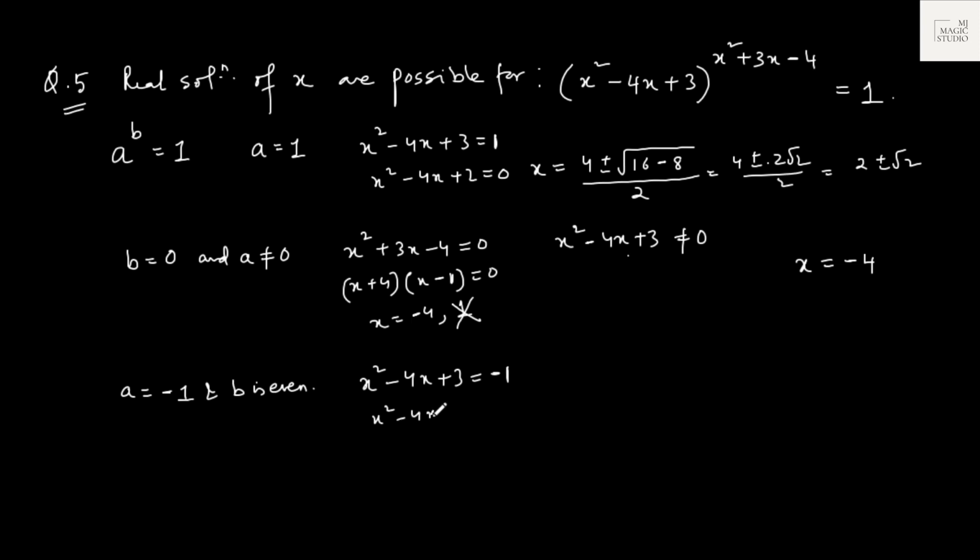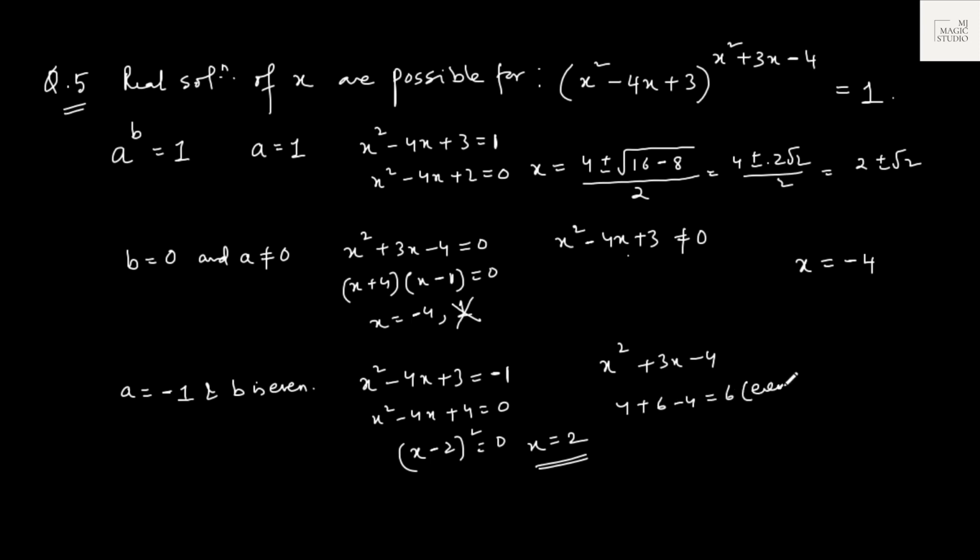So x square minus 4x plus 4 is equal to 0. This will be x minus 2 whole square equal to 0. Here we'll get x is equal to 2. Now b should be even. x square plus 3x minus 4 should have an even value when x is equal to 2. 4 plus 6 minus 4 is equal to 6, which is even. That means it is applicable.